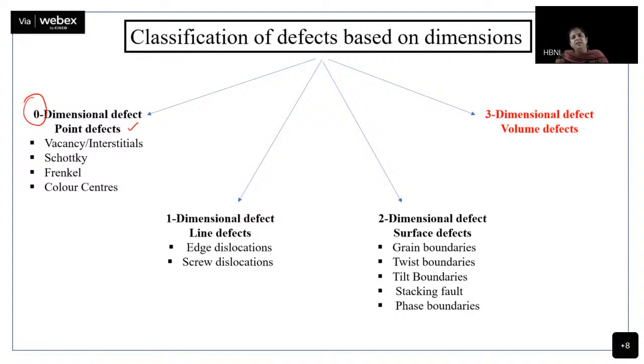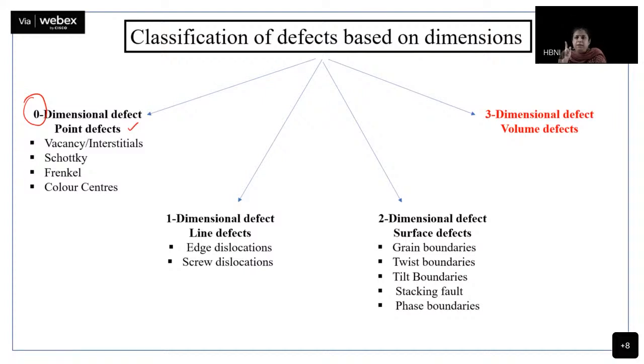Because energetically, if you have an interstitial and a vacancy or a group of interstitials close by, it is energetically more favorable for them to come together and cluster, and as a result point defects are not as simple as they appear. Okay, it is like human beings, we are also not as simple as we appear. So yeah, but still, for definition's sake, point defects or zero-dimensional defects are defects which occupy only a single lattice site.